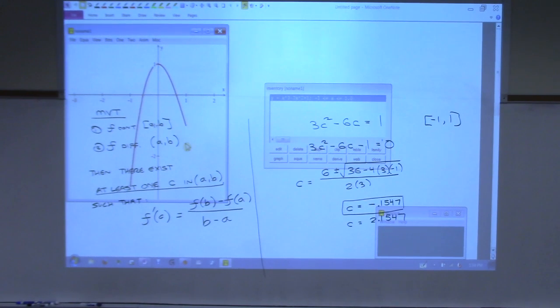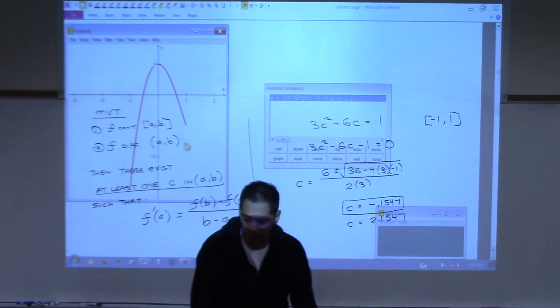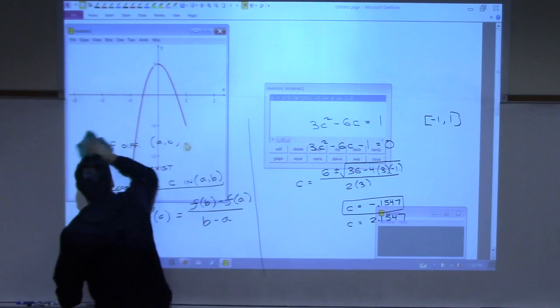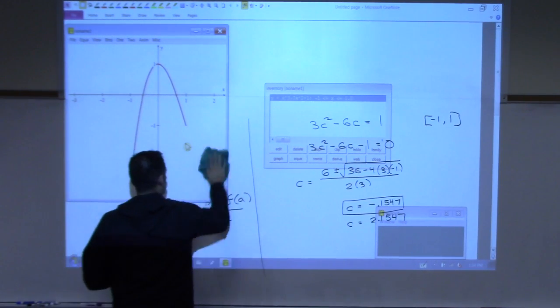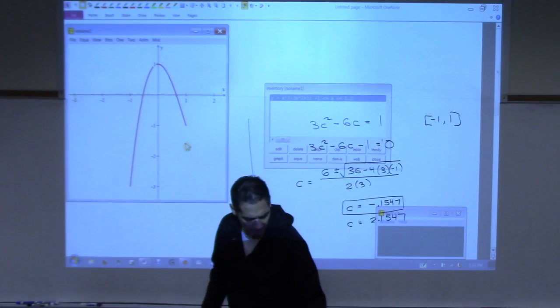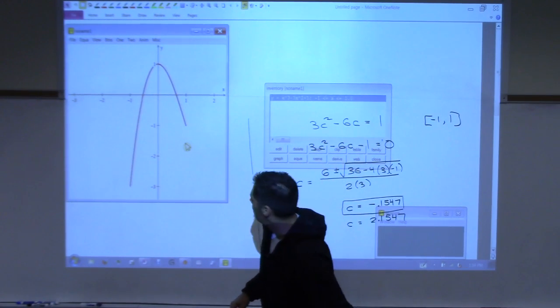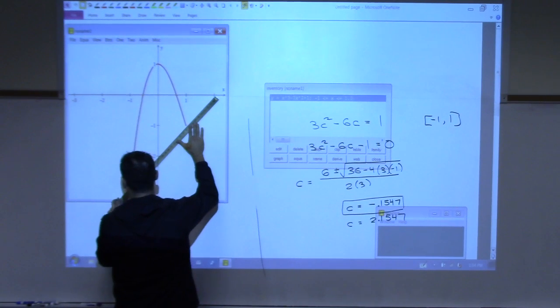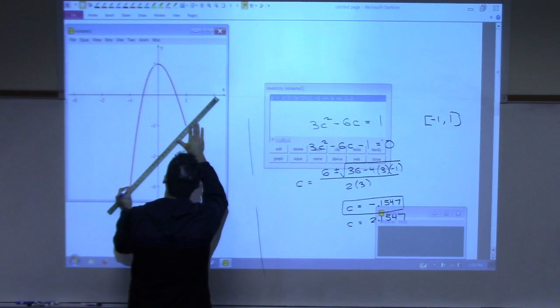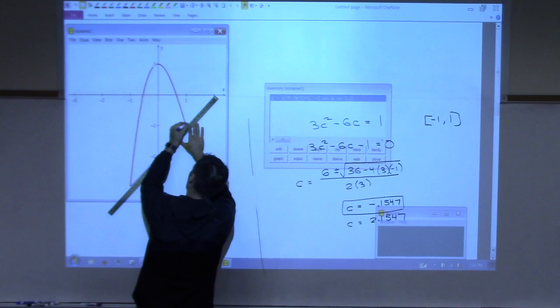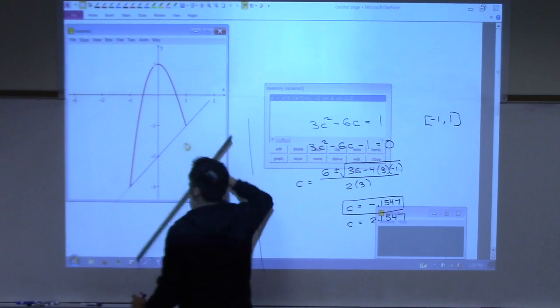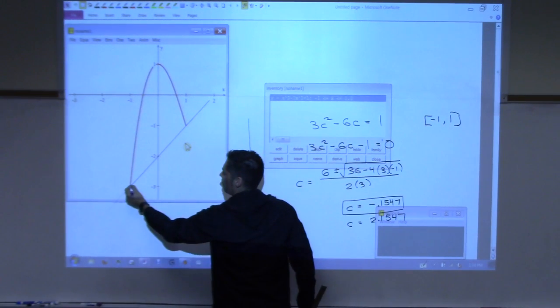I'll erase some stuff. There's the graph of that function on just the interval -1, 1. And I imagine connecting the 2 endpoints with the line. Right? Imagine connecting the 2 endpoints.